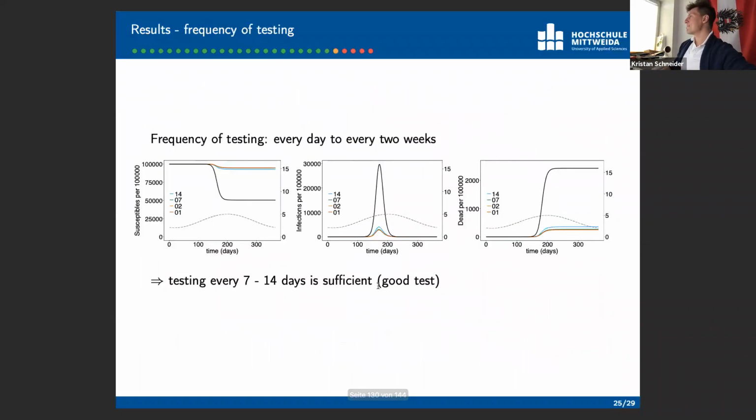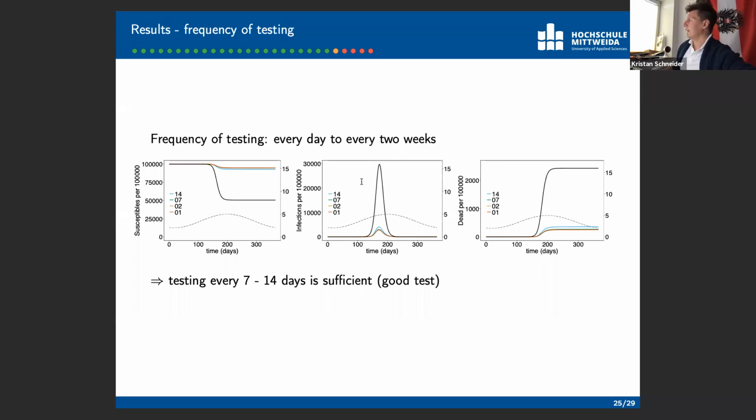Okay. Now let's look at the frequency of testing. How often should we test? Can we do better? Now let's assume we are testing from every day to every 2 weeks, with a good test or with an intermediate test, and again a processing time of 48 hours.